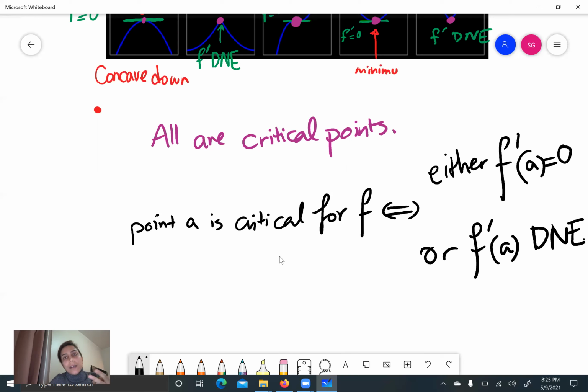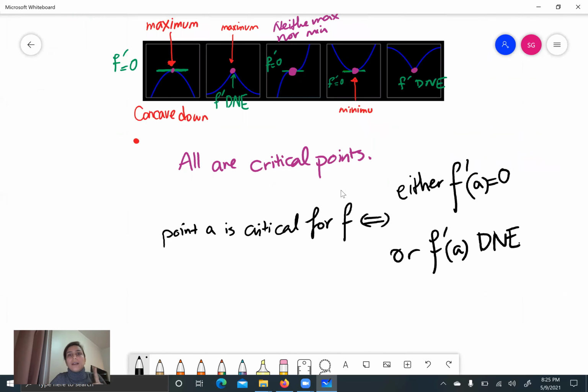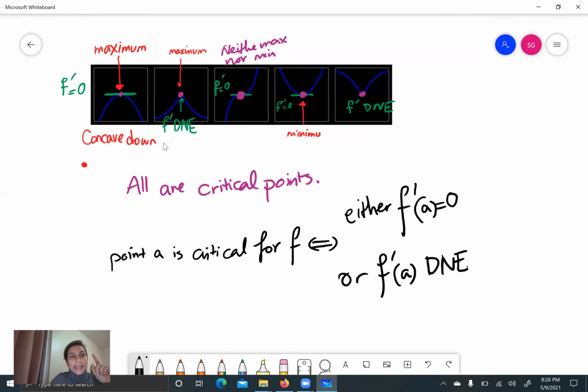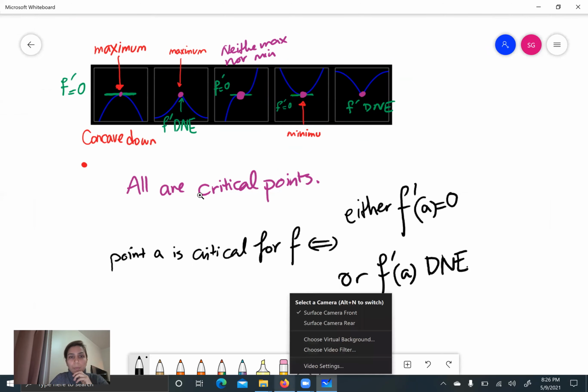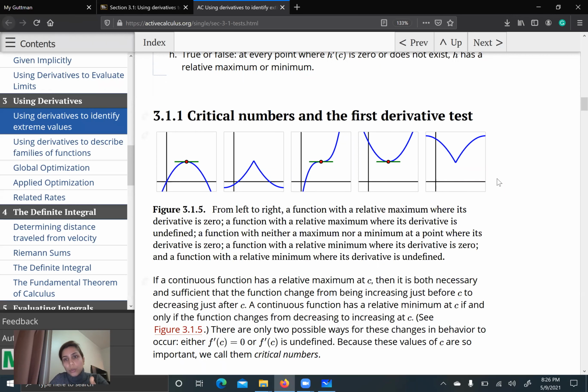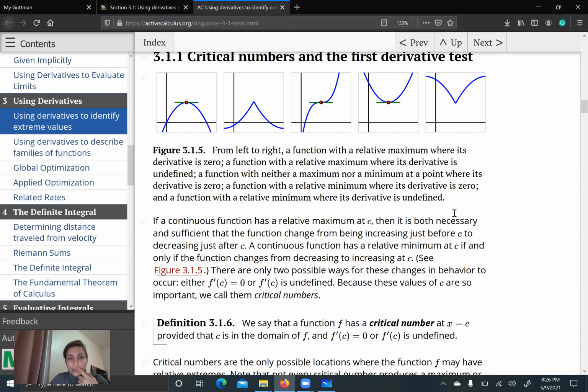If you have either case, that point is a critical point, and any of the points on this graph is an example of a critical point. In this picture, you are seeing examples of critical points. In 3 of them, the derivative is 0, and in 2 of them the derivative does not exist.